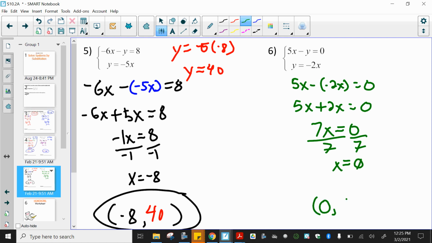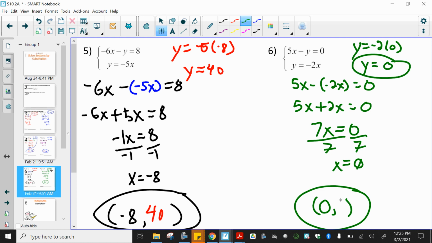There's the start of our answer. Right? Keep going. And now I have to plug that in. Y equals negative 2 times 0. Get y equals 0. Our answer is going to be 0, 0.